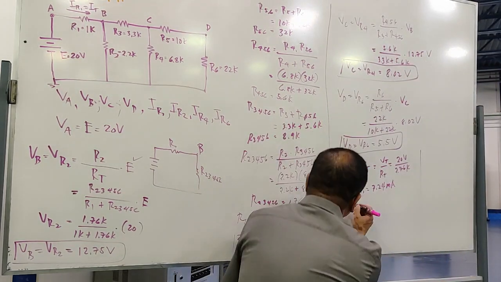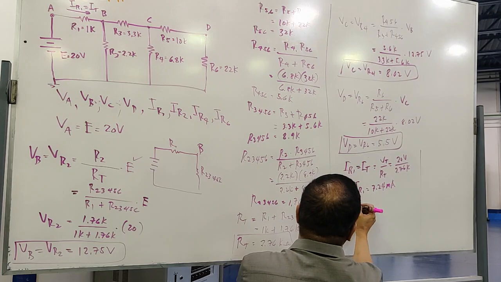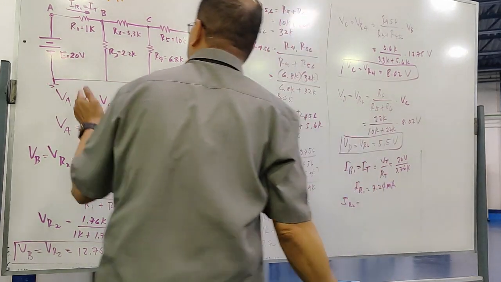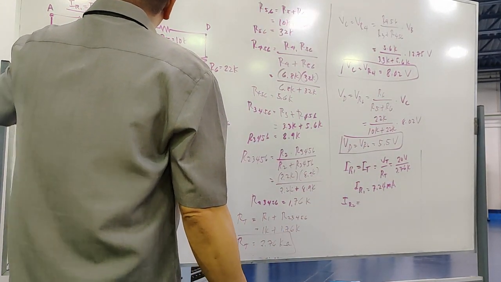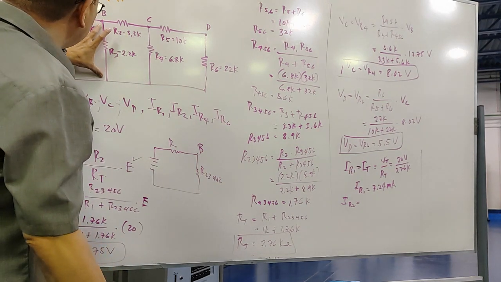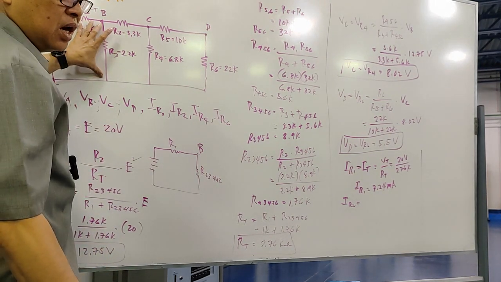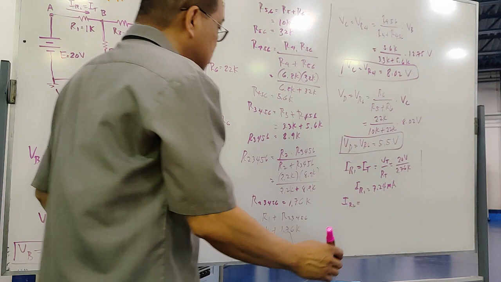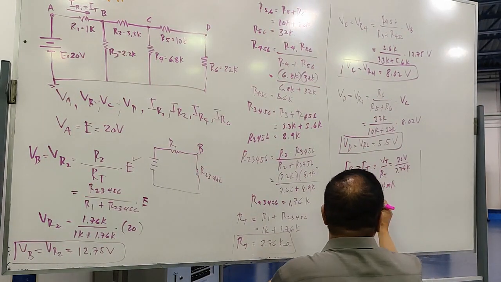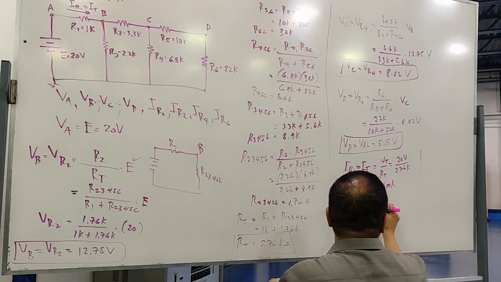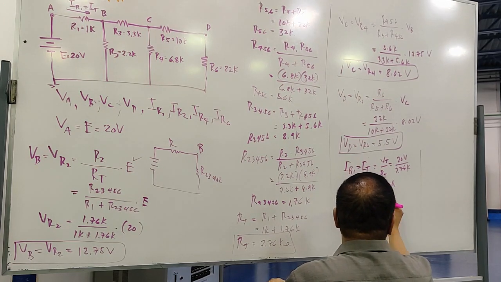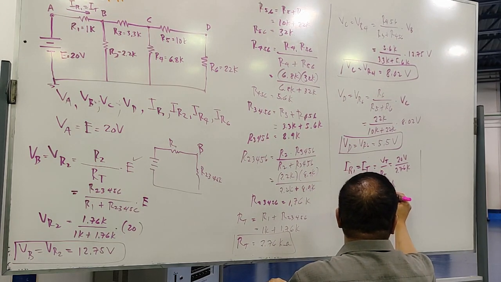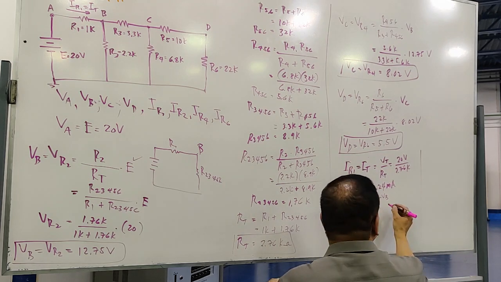The next one we have is IR2. Where is IR2? Let's identify first with R2 here. Do we have the voltage here? Yes, we have VB. So you can simply calculate it. VR2 over R2, and you know that this one is equal to VB, correct?